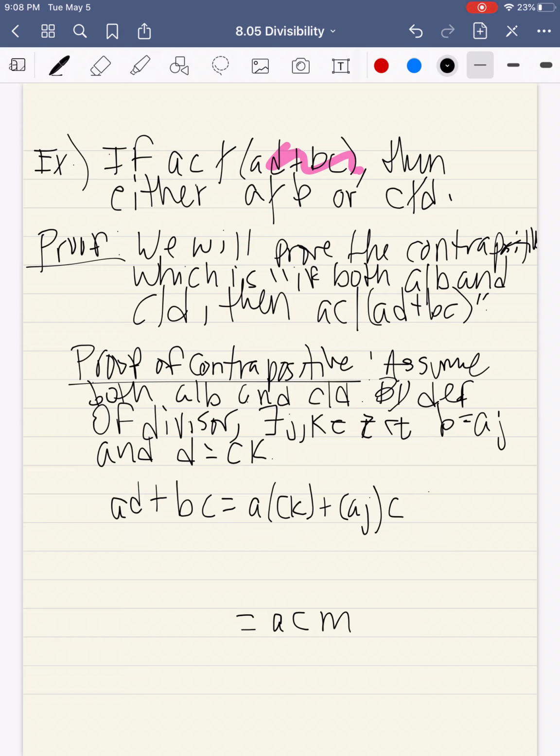So I need to justify what I'm doing over here. So sub D equals CK, B equals AJ. And then we can go ahead and simplify here. So we get ACK plus ACJ.